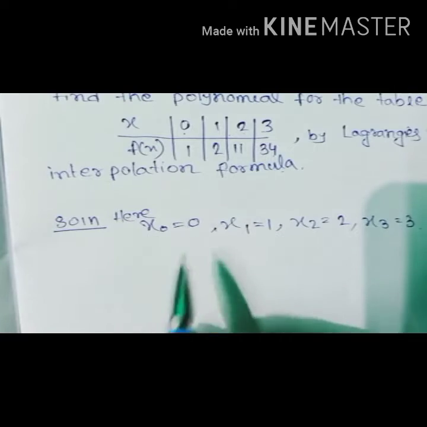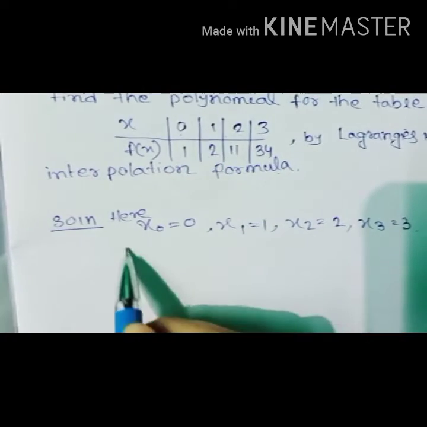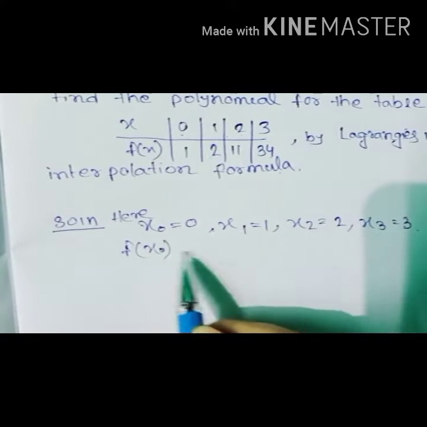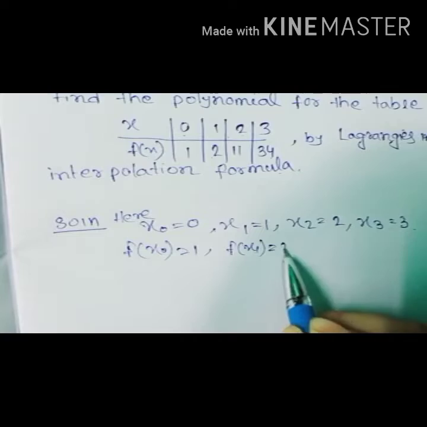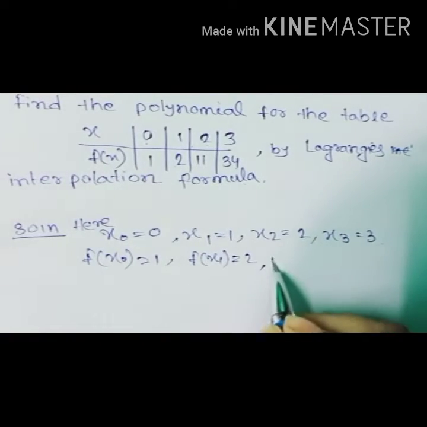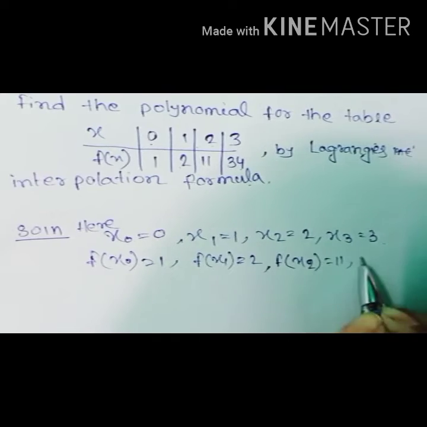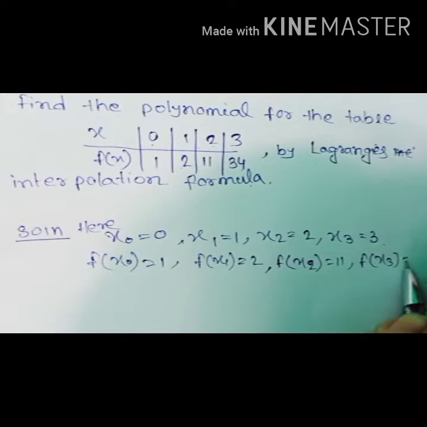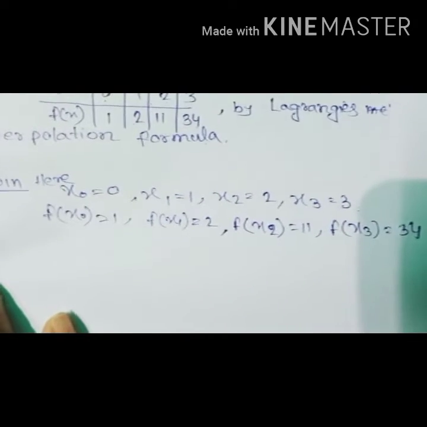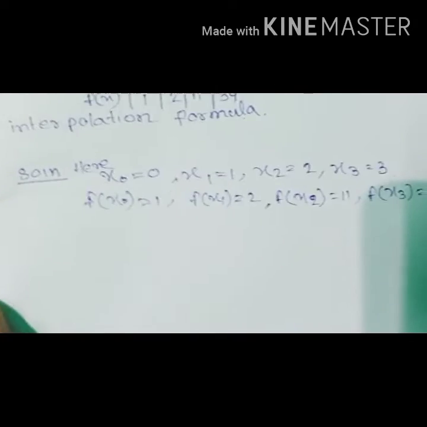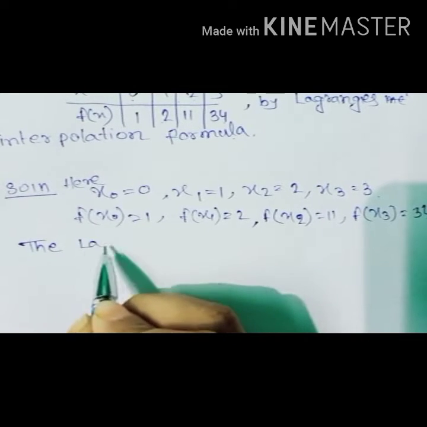We also have fx0, fx1, fx2 and fx3, and we have to write these also. So I am writing 2, if x2 is equal to 11, and if x3 is equal to 34. So this is the data we have. Now the Lagrange's formula.